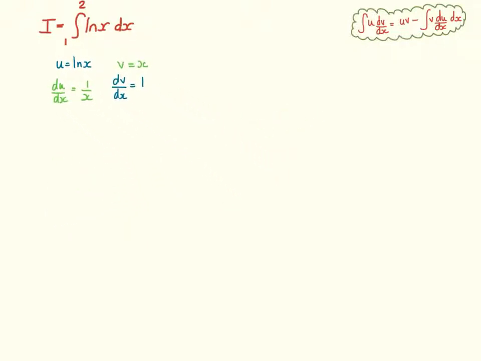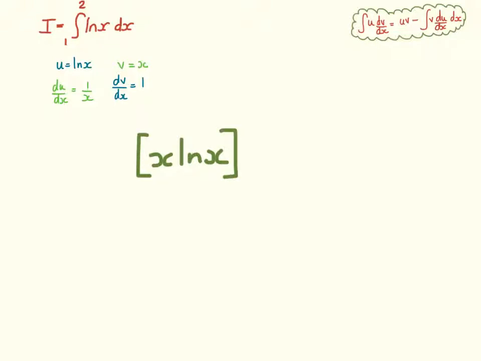Alright, so you stick all that into the formula. Okay, so I is going to become uv, first of all, which is going to be x log x. Now that part has been integrated now, so we're just going to put square brackets around that bit because this bit is now being integrated.